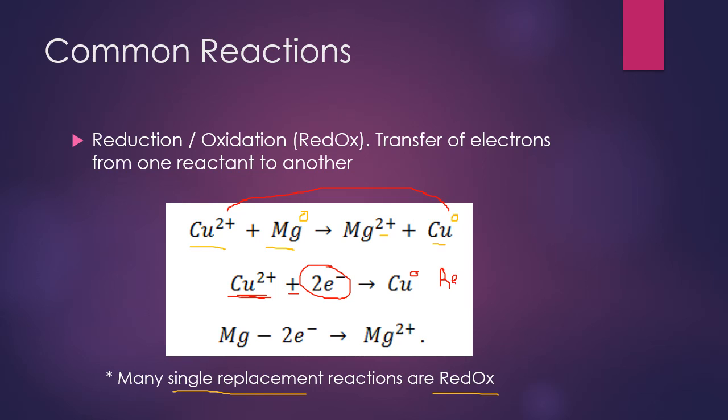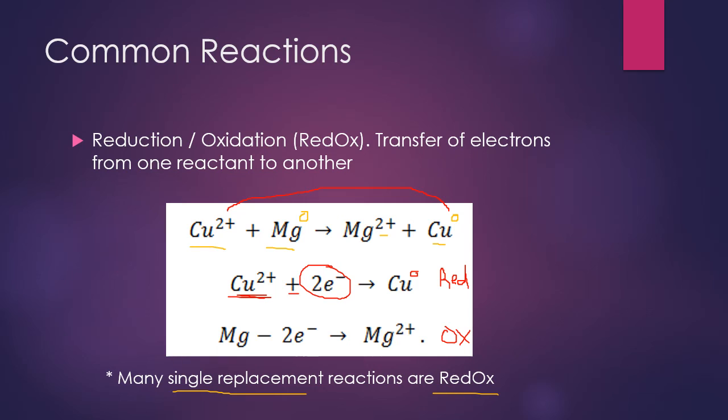And the magnesium, we'll see in a second here, is actually losing electrons, so the magnesium is oxidized. When we have redox reactions, they always happen in pairs. One element or compound is reduced and another is oxidized, meaning one has to gain electrons because it's gaining them from one that's losing.